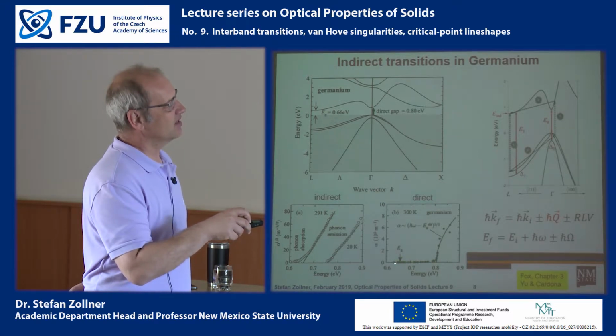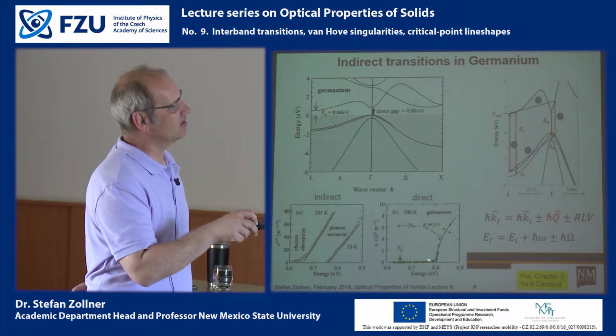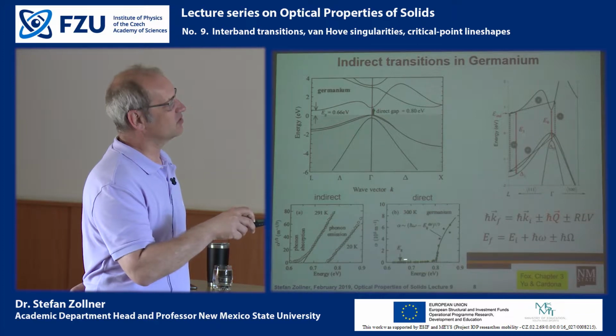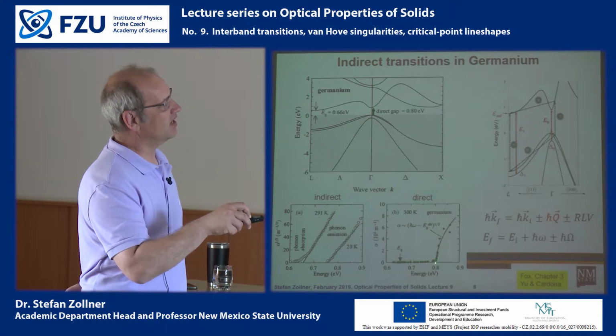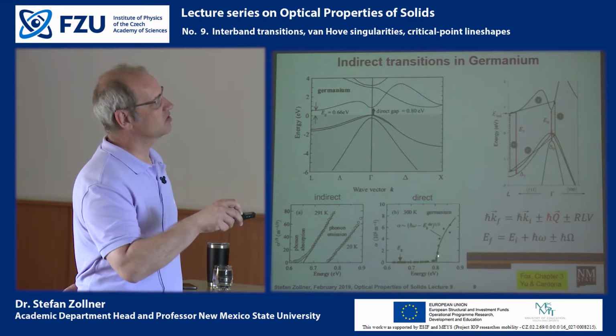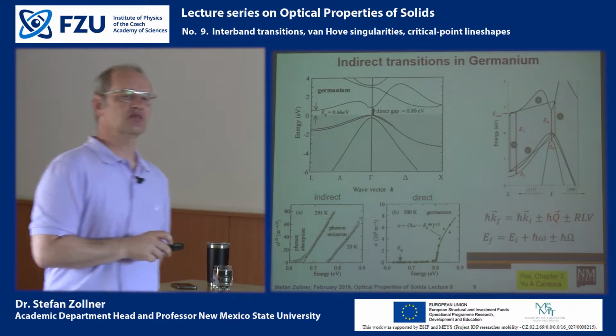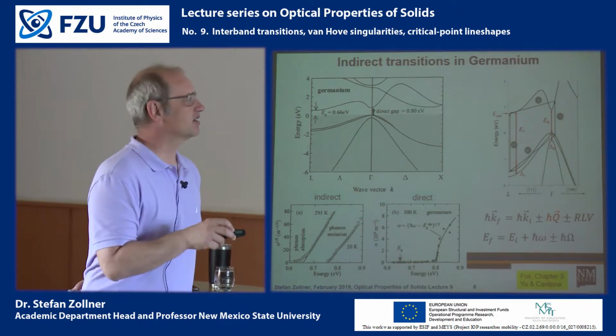And then here between 0.65 and 0.8 eV, we only have indirect transitions. Therefore, the absorption coefficient is very small. And then here at 0.8 eV, where the direct gap is located, all of a sudden we can also make direct transitions, and therefore the absorption coefficient increases very rapidly.